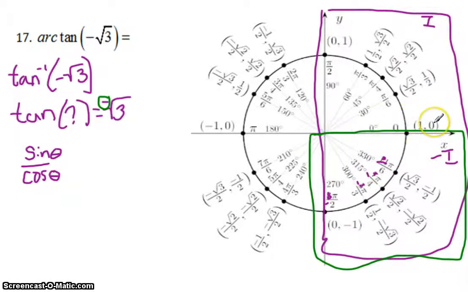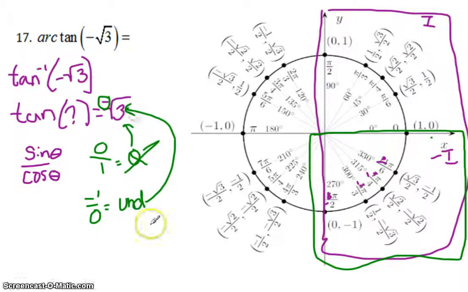Now, if I do my y divided by my x, 0 divided by 1, I'm going to get 0. Is that what I want? No. So that's not going to be right. Okay, so let me try this one. Negative 1 divided by 0. Well, that's going to give me undefined. Is that what I want? No. Okay, well, let's try this one.